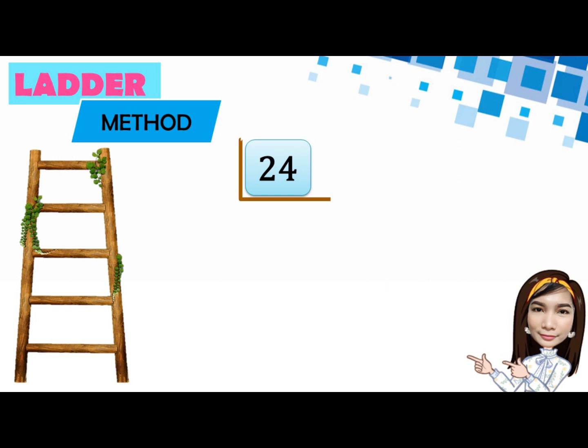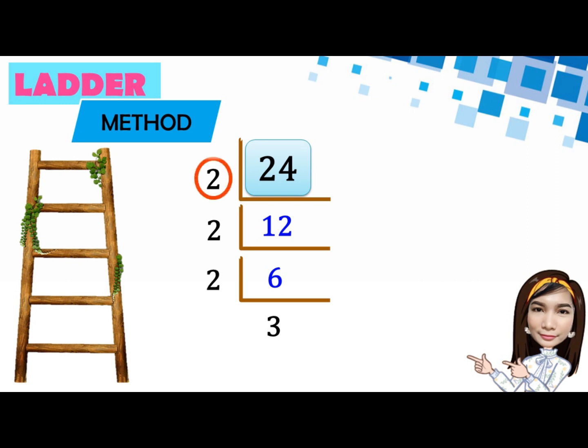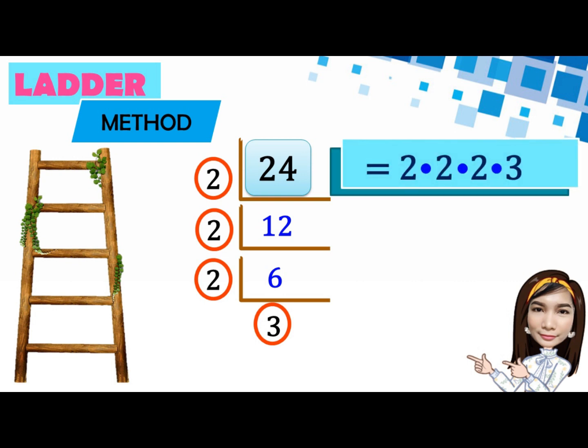To factor 24, we can start by dividing it with the smallest prime number, which is 2. 24 divided by 2, we have 12. 12 divided by 2, we have 6. 6 divided by 2, we have 3. 3 is already a prime number, so that will be the last. Encircle the prime numbers. So therefore, 24 is equal to 2 times 2 times 2 times 3.